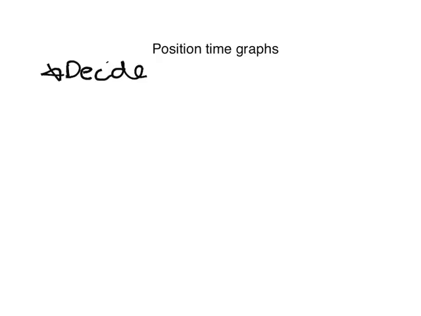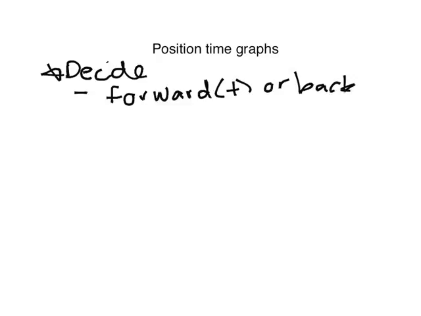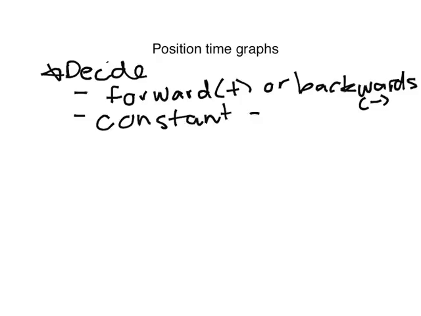So we are working more on position time graphs today. First of all, you should be able to decide from today's video whether or not a graph is going forwards, which we call the positive direction, or backwards, which would be the negative direction. You also should be able to know if it has constant speed or velocity, or if there is acceleration.